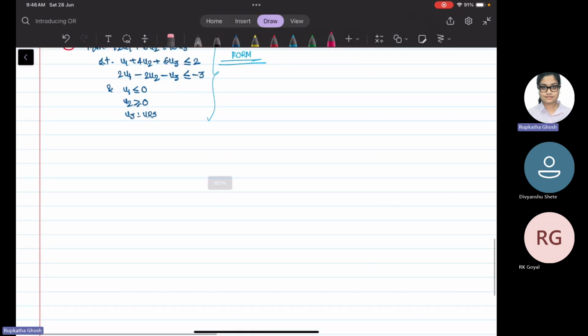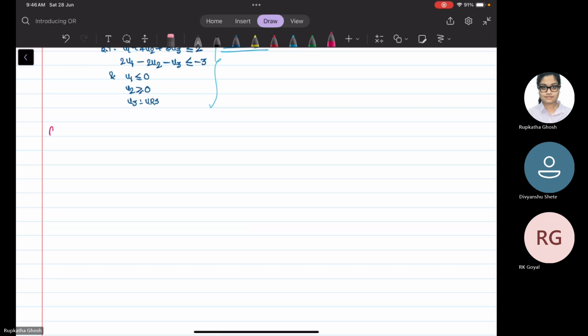The cheat sheet is for a primal to dual conversion.